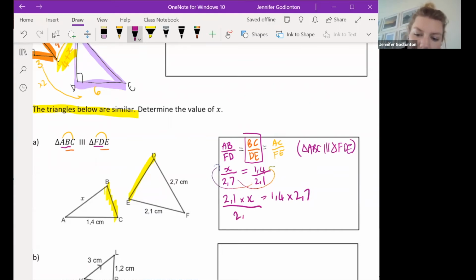You can also just divide that by 2.1 and divide that by 2.1, and then you just find out what x is. And then you can put this whole fraction into your calculator exactly like that. So if you're stressed about how to put that into your calculator, just use your fraction key and say 1.4 times 2.7, and then move down and say divided by 2.1, and you'll get your answer of 1.8.